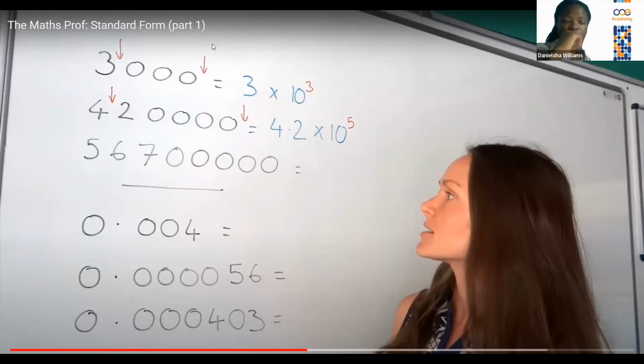Stop guessing. Count it up. You said 5.67, right? Yes, miss. So count the number of places based on the original numeral. 5, miss. 5 places. There are 5 zeros, but are there 5 places?